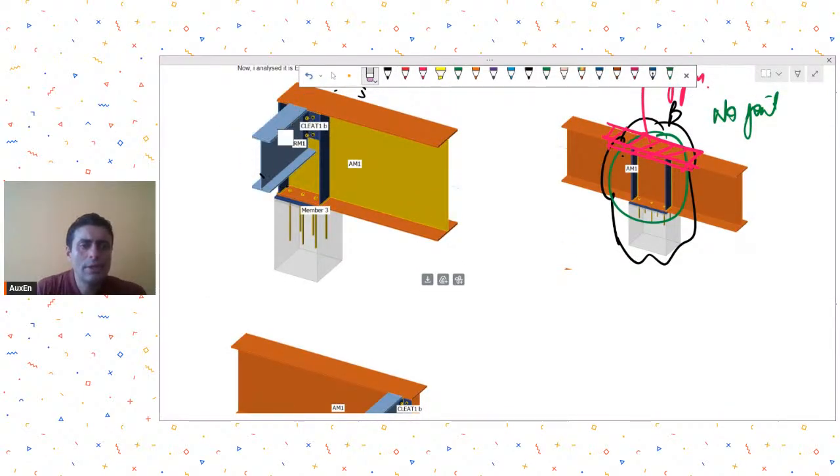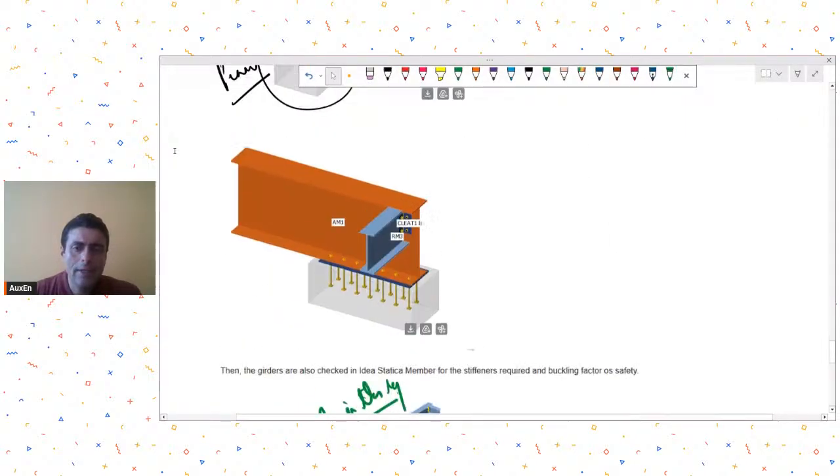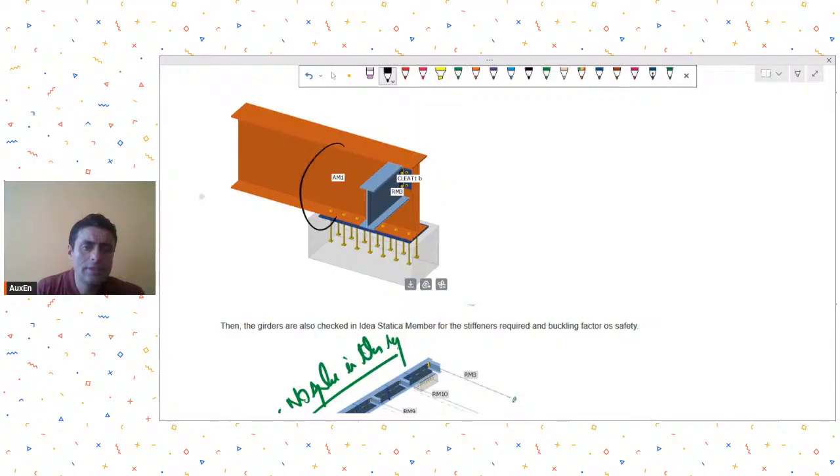I'll just repeat again. This AM1 is the beam where we need to provide connection. This AM1 with this RCC pedestal has been assumed as a pinned connection. This AM1 with this RCC pedestal is a connection where you are getting continuity effects, and then this AM1 with this RCC pedestal is where you want to have rigidity.